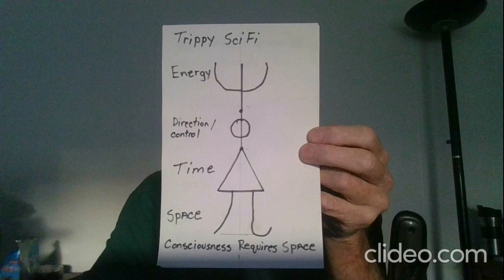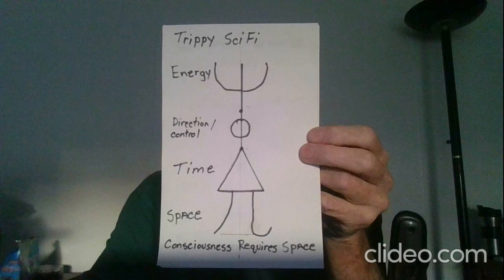And then, okay, so this is an image. If you look at it from the top down, it says trippy sci-fi. You have energy, which is the psi, Greek psi alphabet symbol.